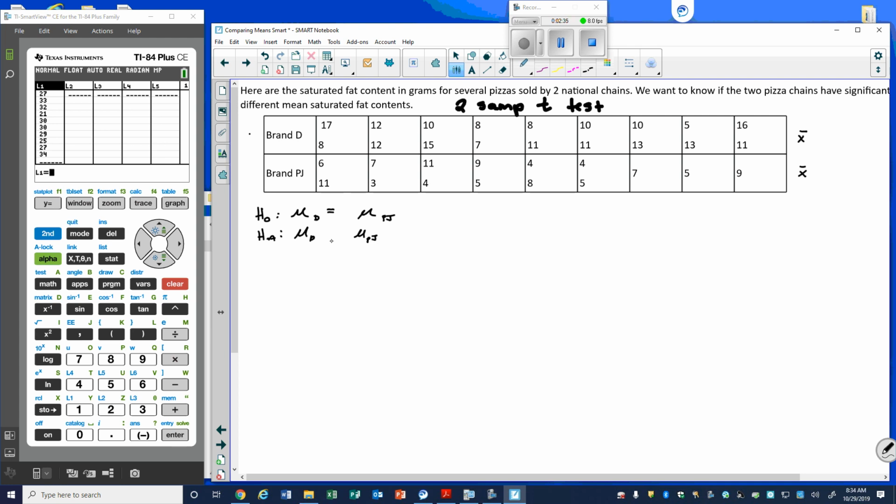If you wanted to show that brand D had less fat, then you would use less than here. But since this one is just asking me if they are significantly different, not really caring if one is bigger than the other, then I'm just going to use a not equals here for different.